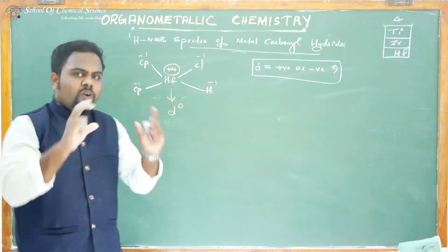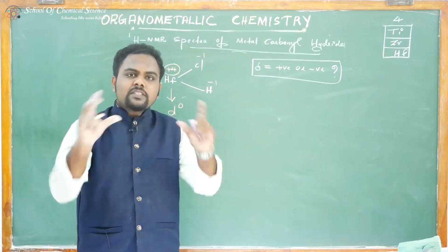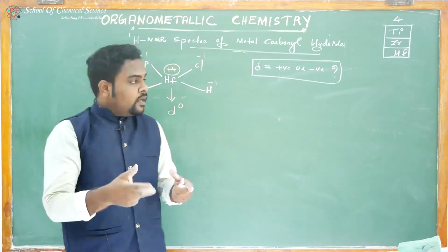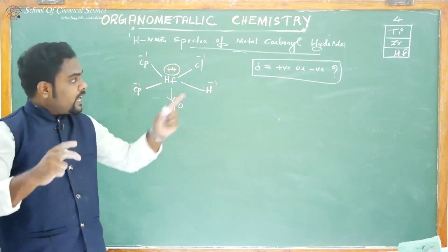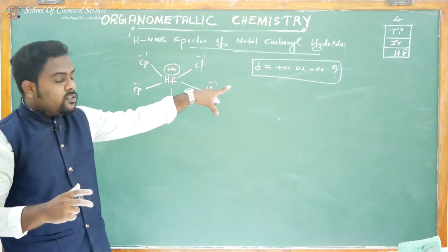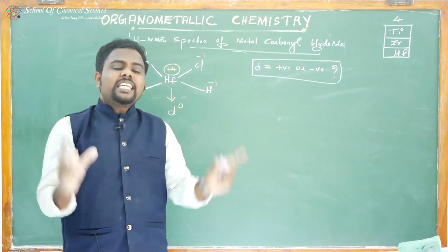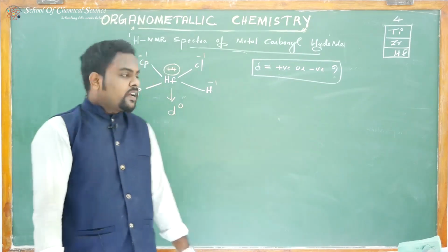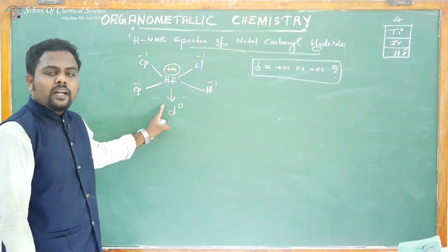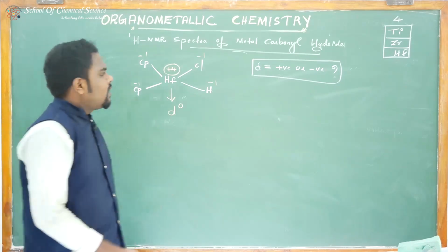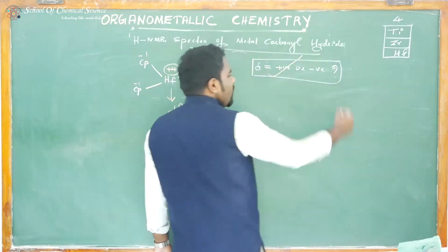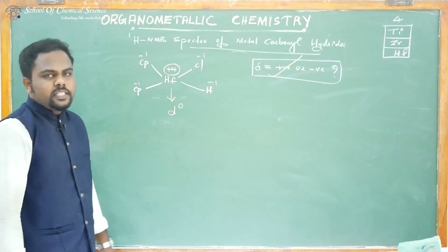D0 means there is no d electron in the metal. The delta value is negative due to the shielding effect of d electrons. But here the metal has no d electron, so it is definitely a positive value, a deshielded region.